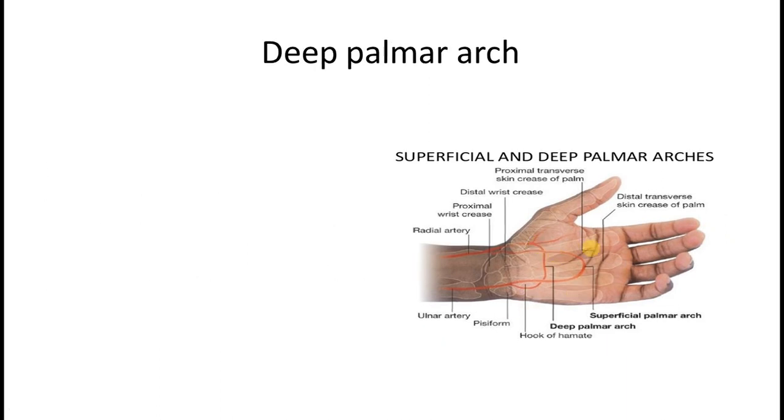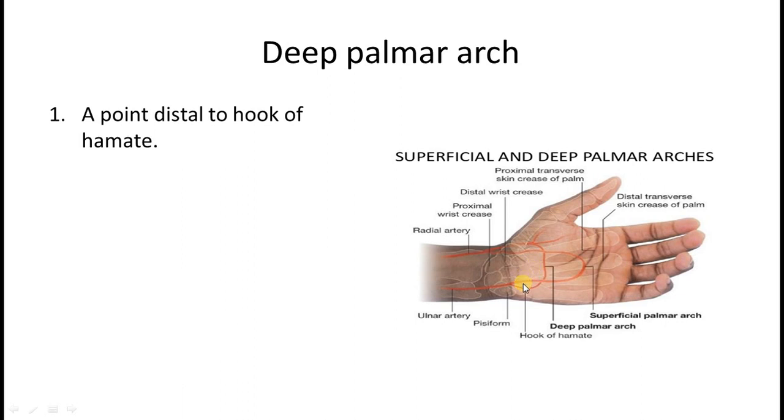Next structure for the surface marking which we are considering is the deep palmar arch. The deep palmar arch definitely lies at a higher level than the superficial palmar arch.